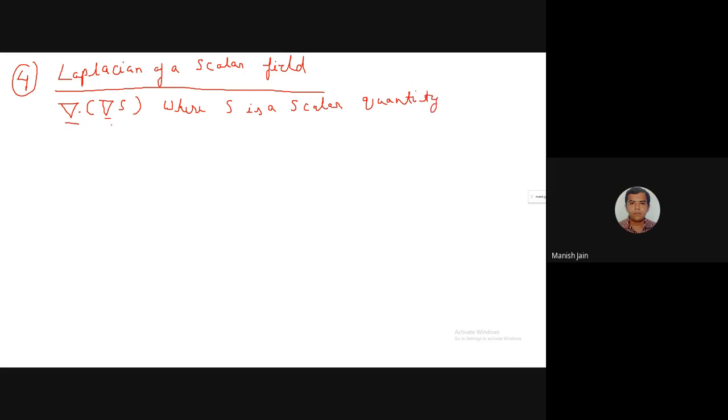You will find this operation in heat transfer, when we study how the temperature varies during convection. Temperature is also a scalar quantity, so you will find the Laplacian of a scalar field with temperature.